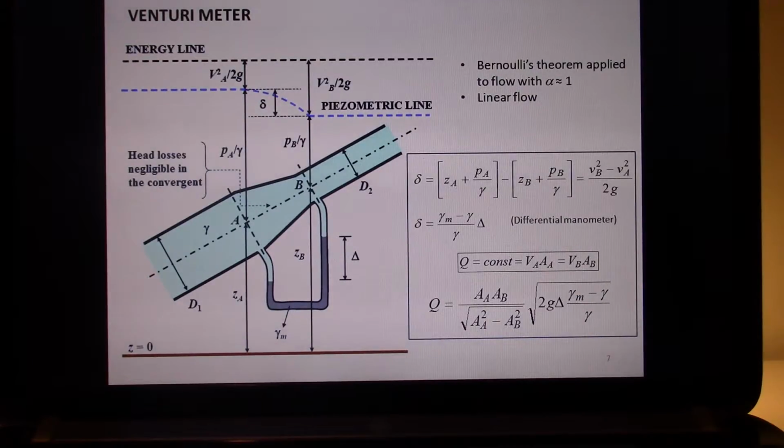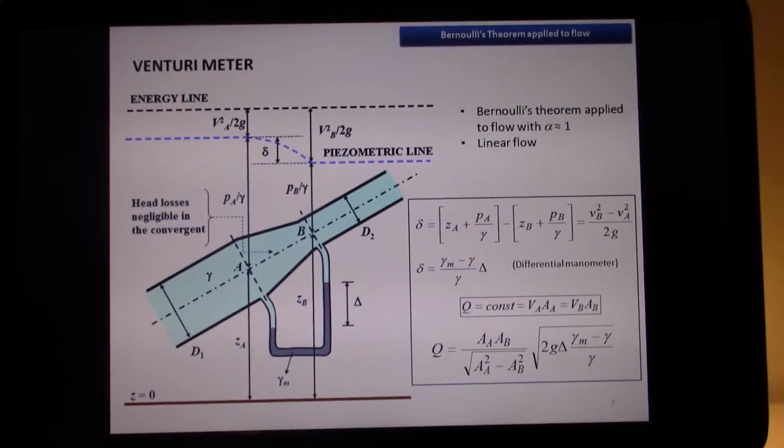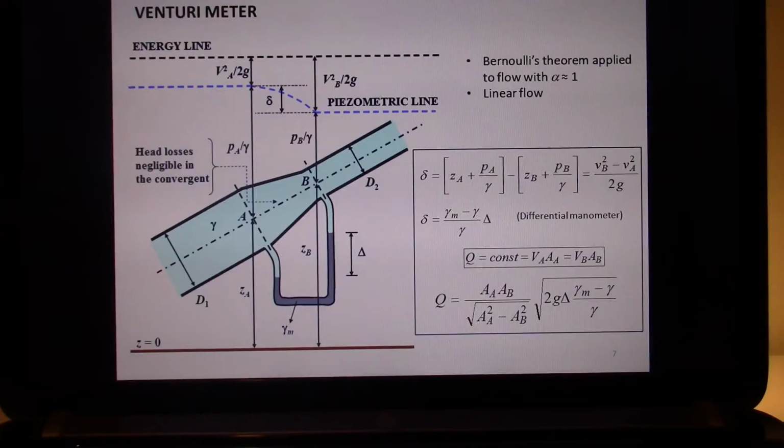Let's try right now to see an application of Bernoulli's theorem applied to flow, in the case of Coriolis coefficient equal to 1. This case is called the Venturi meter.